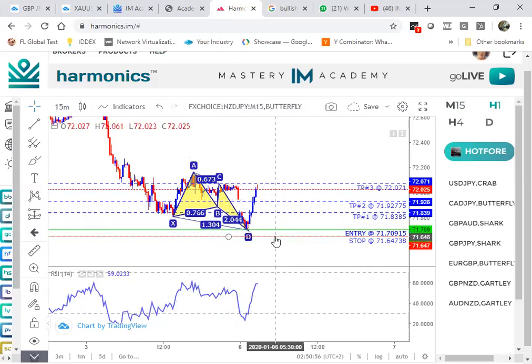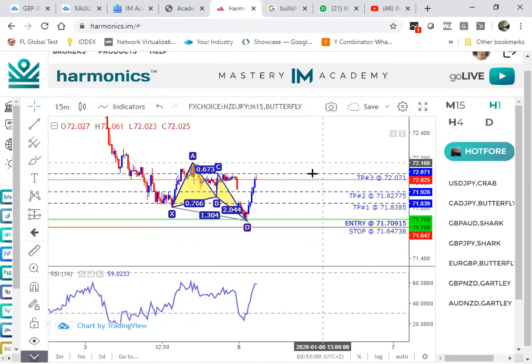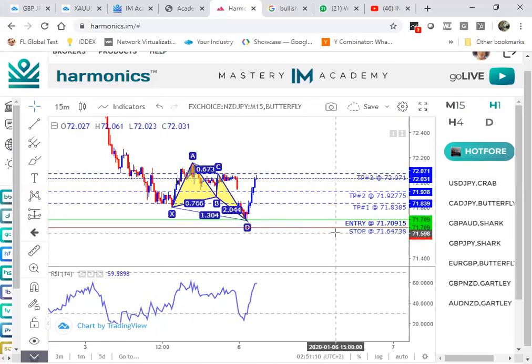You can look at where the entry is relative to the stop loss. Once you see the entry above the stop loss, that means the scanner is suggesting a buy, and the price is expected to go up. If the stop loss is above the entry, then it's expected to be a sell.